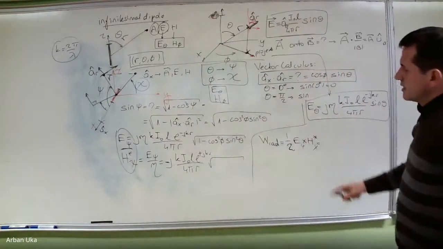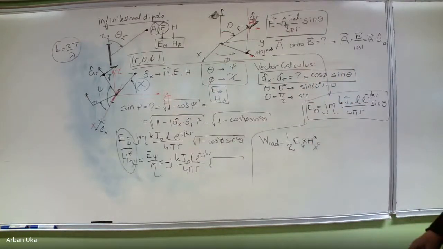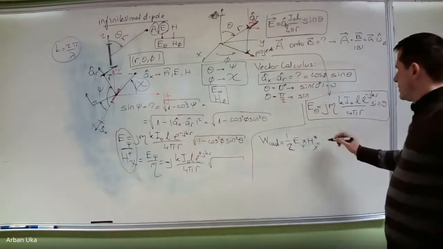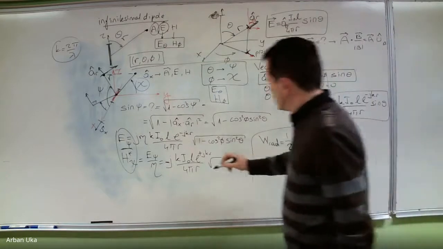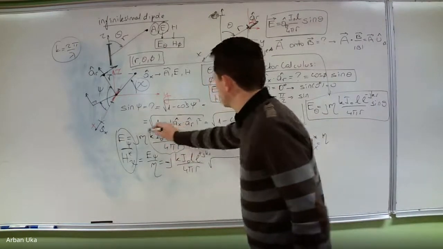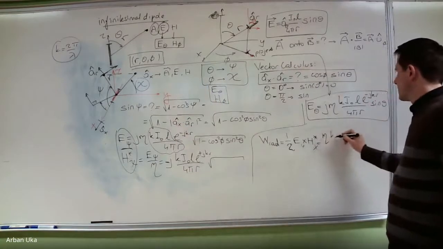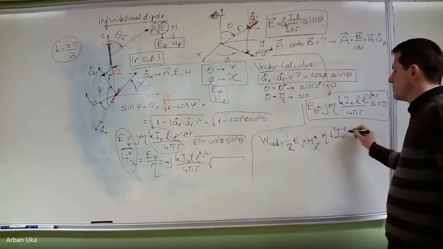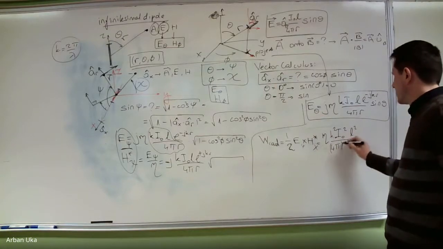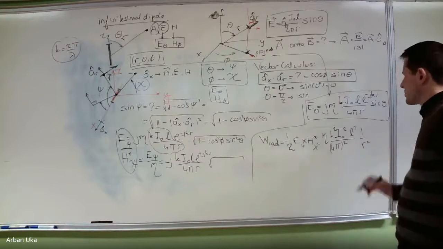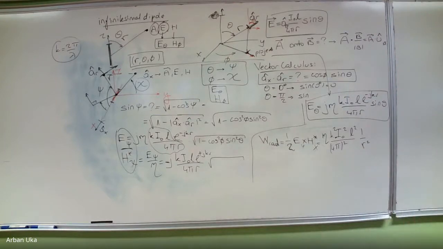So we are multiplying these two together, and this is 1/2. Then we have beta here, then everything is squared. So if we look at these terms, it's going to be k squared I0 squared L squared divided by 4 pi squared times 1 over r squared.